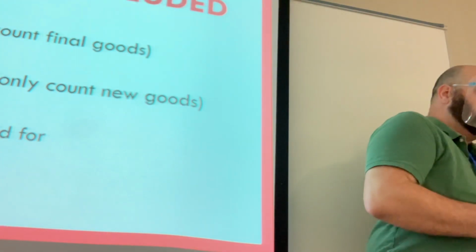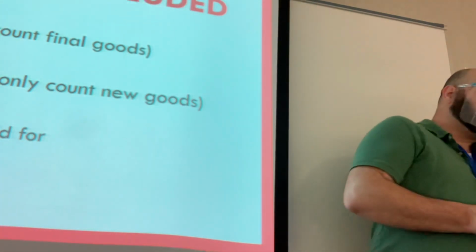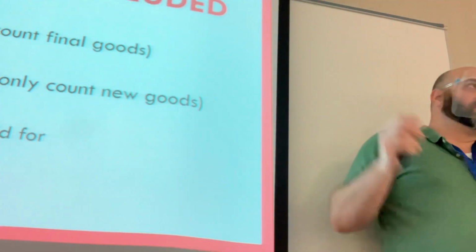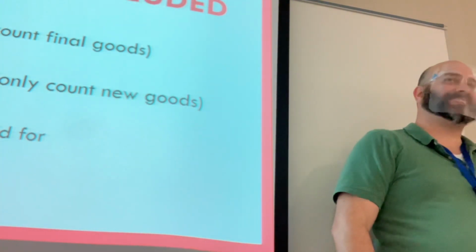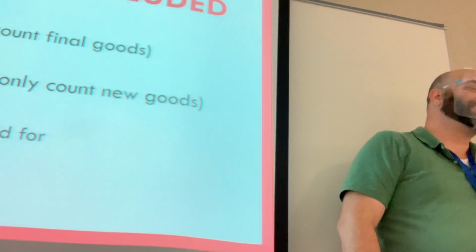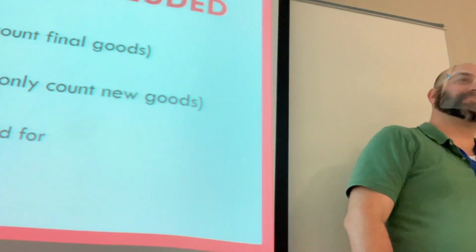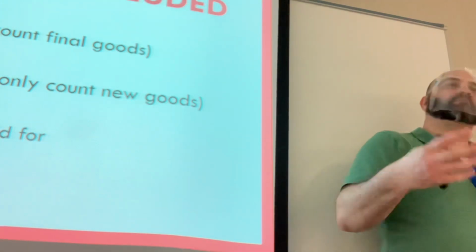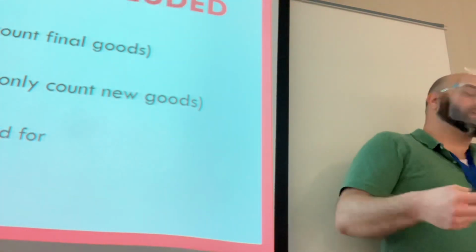All right. Non-market transactions. Does anybody do chores around the house that they don't get paid for? Yeah, all right, good. So those would be non-market transactions. Like if mom and dad tell you to clean your room and you don't get an allowance for it, that would be non-market transactions.